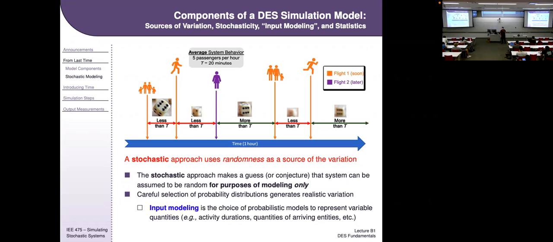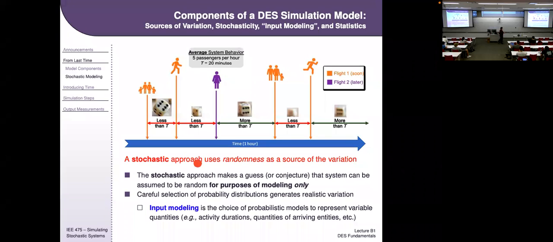We're simulating real, deterministic, boring systems, but we take the guess that we can use randomness as a source of variation instead of trying to generate all those ugly details in the computer. And we can get pretty darn close and maybe actually have a more generalizable model that works across a wide range of systems.